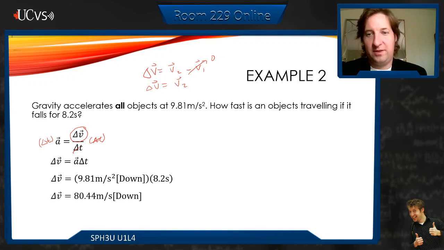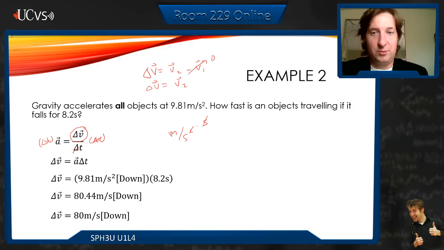I'm going to end up with 80.44 meters per second. Now, why does that happen? Careful here. Meters per second squared multiplied by seconds, I'm going to cancel one of them. I'm left with meters per second. So rounding it to 2 significant digits, because 8.2 has 2 significant digits, I end up with the final answer of delta V equals 80 meters per second down.